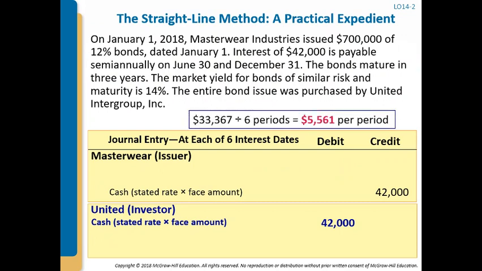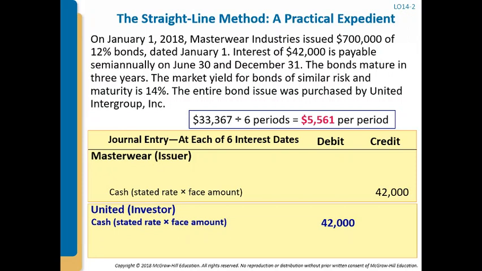We just went through the effective interest method of issuing at premium and discount. Most companies use the straight line method, which you can certainly do. It makes practical sense to do so. For instance, in our example, we issued at a discount of 33,367.